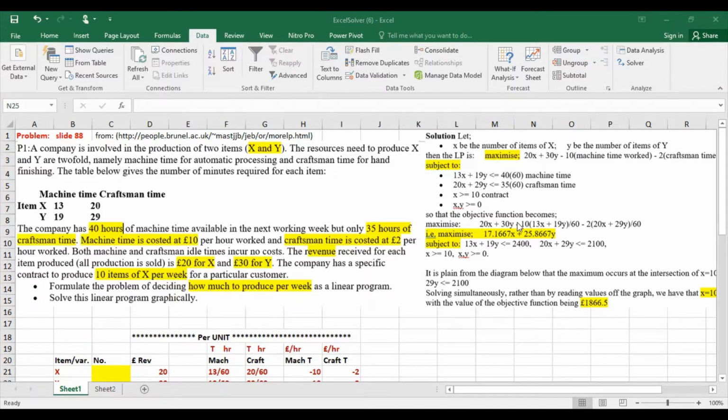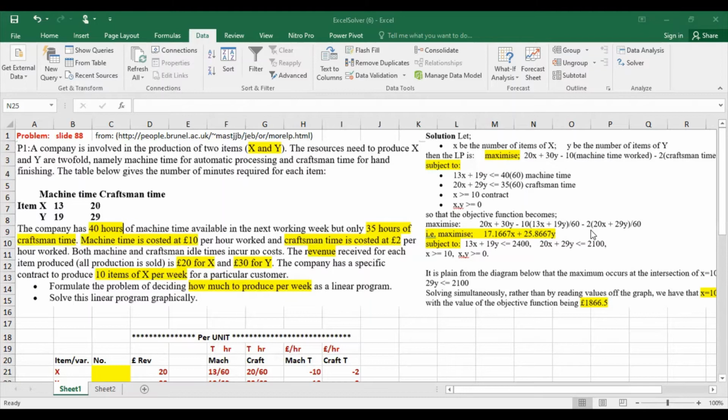So what will be the objective function? How can you produce it? Let me tell you, you have to transform this equation into this: 20x plus 30y minus 10 into 13x plus 19y. How is it coming? 13x plus 19y is the machine time divided by 60.